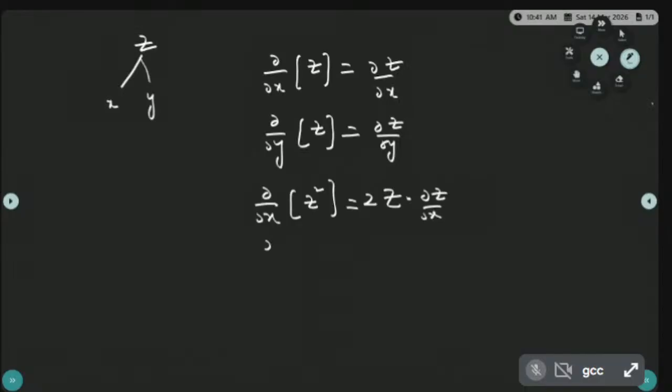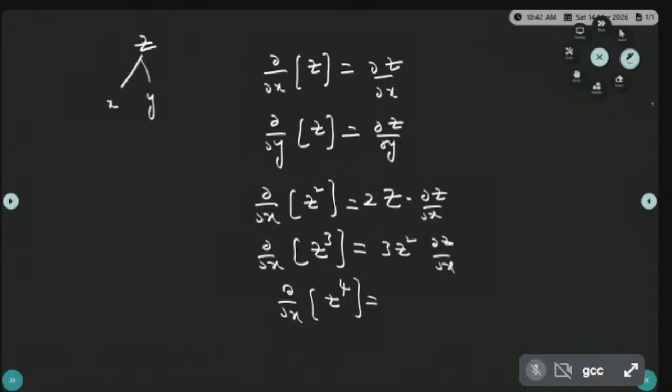Now I will make the concept clear. What is dou by dou x of z cube? Same flow, continue. Dou by dou x of z power 4 is 4z cube into dou z by dou x. Concentrate.